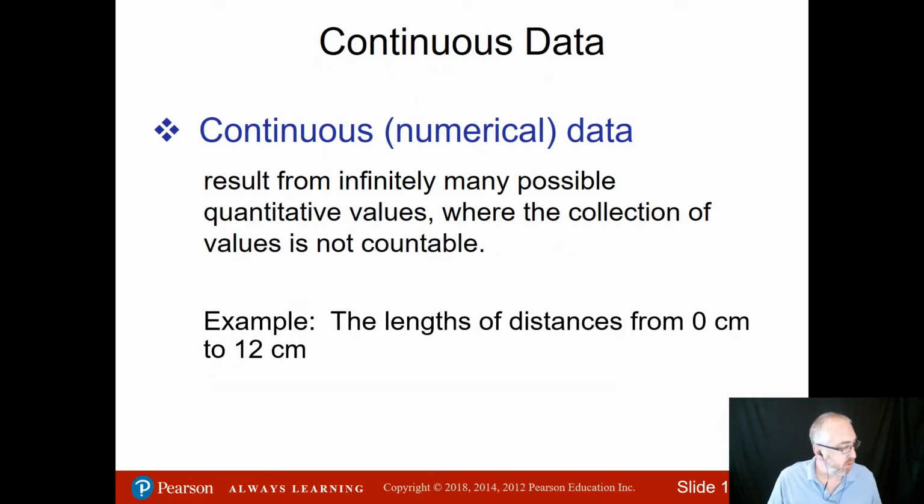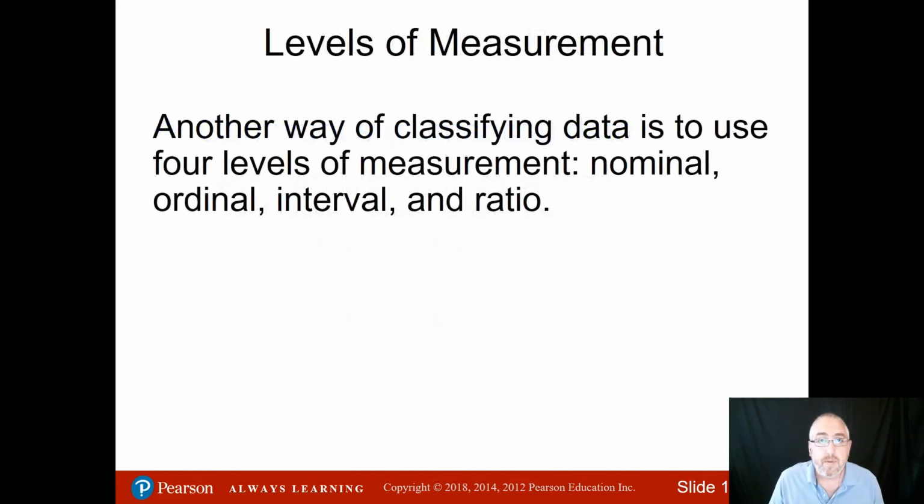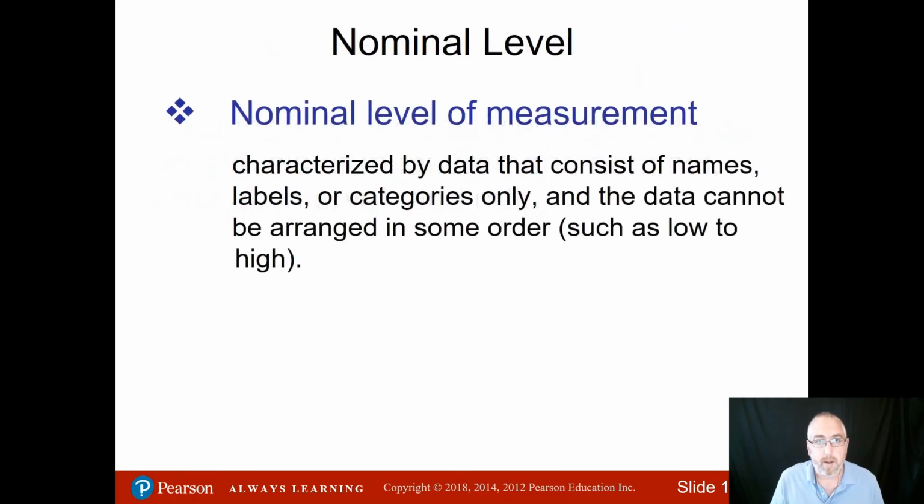So let's see what's on the next set of slides here. Now we can go even further. Levels of measurement. Another way of classifying data is to use 4 levels of measurement: nominal, ordinal, interval, and ratio. Oh boy. All right, let's start with the most generic, the nominal level.